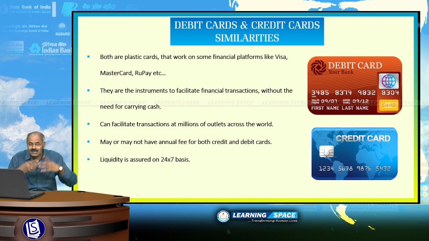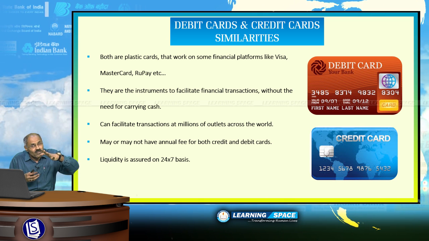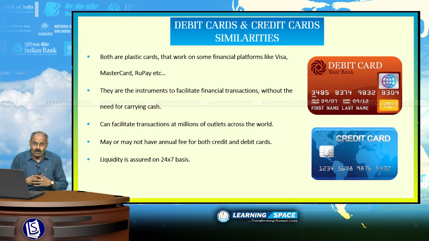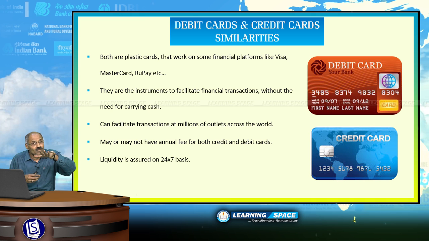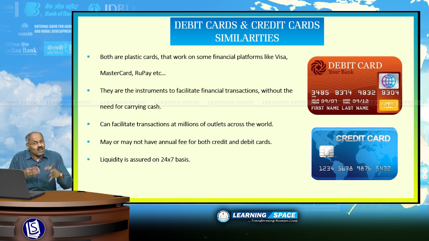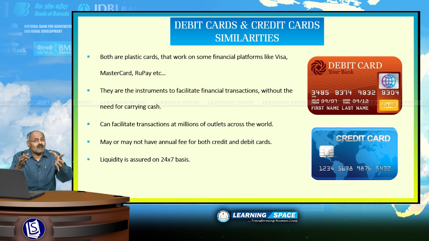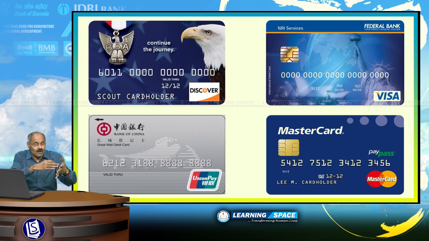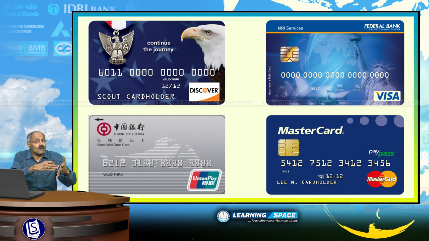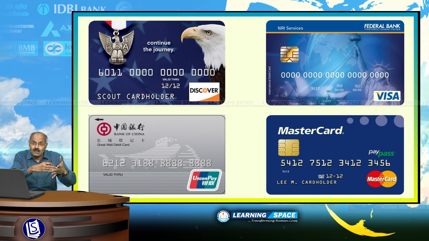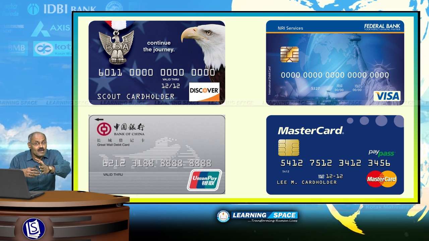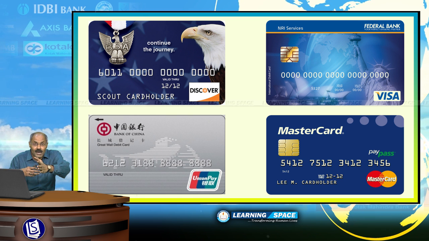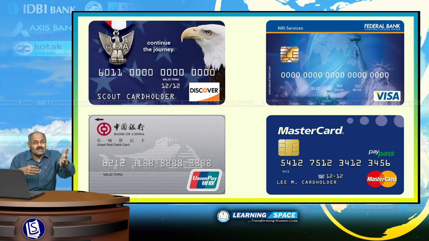These are nothing but plastic cards that work on some financial platform. All of you are well aware about financial platforms of Visa or MasterCard. China has got its own financial platform, Union Pay, and American Express, Discover.